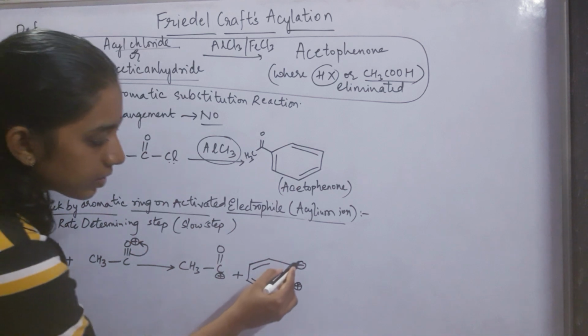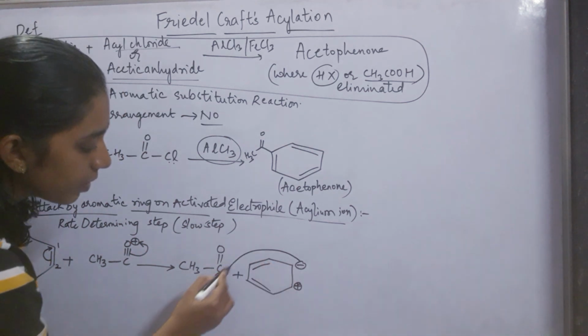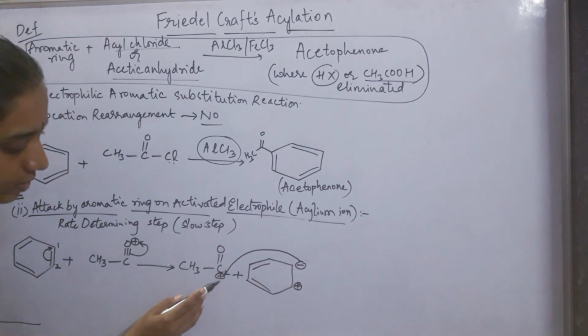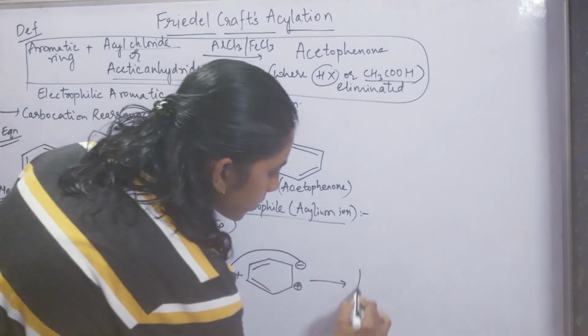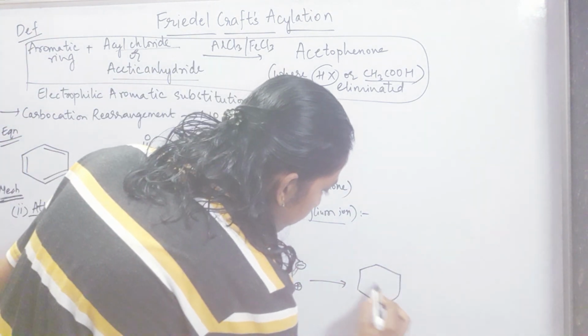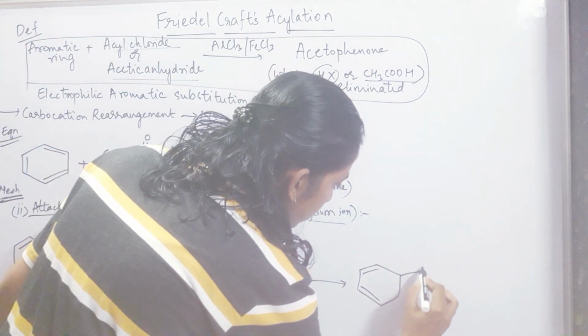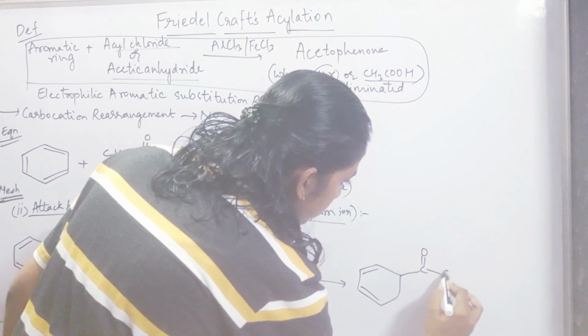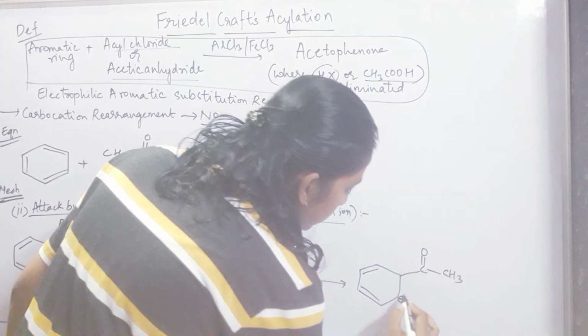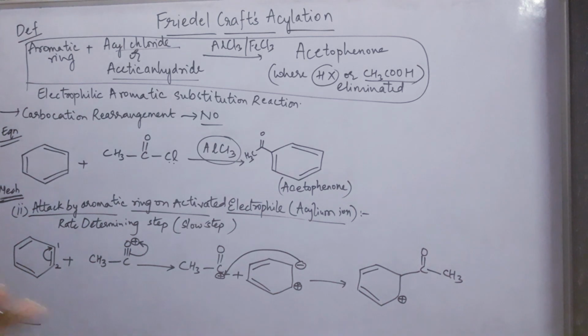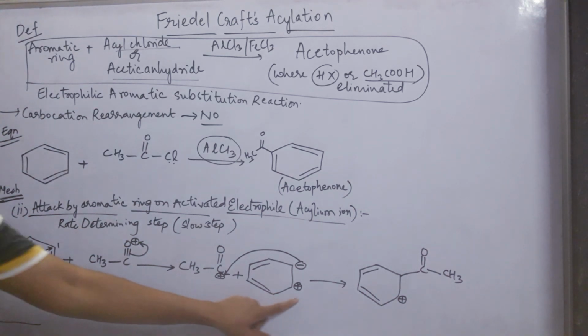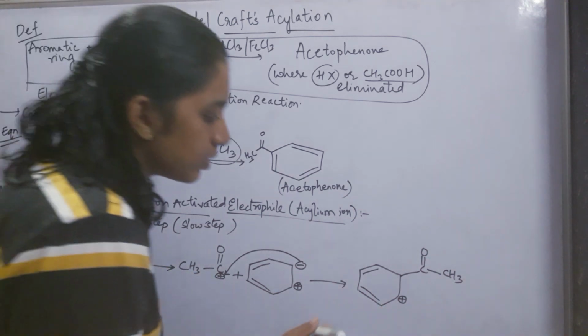Now what happens here? This negatively charged carbon will attack this electrophile and will give us a structure like this, C=O CH3, and this second carbon will be getting a positive charge, right? First itself we have written here that it will carry positive charge.